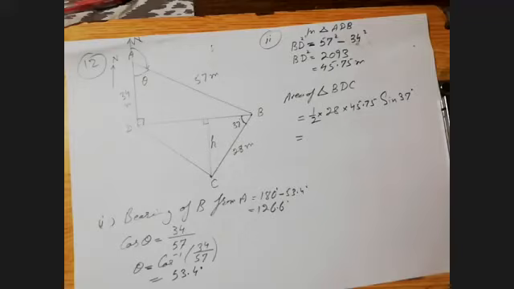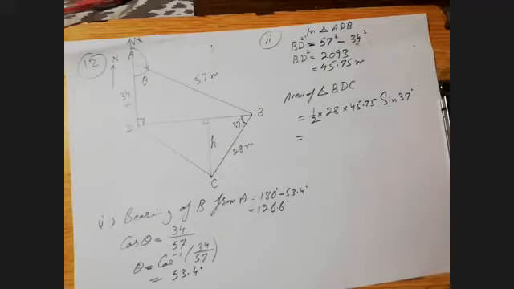Now, as you know, I applied this formula for the area of the triangle. There is another formula for the area of the triangle which you had been using in your earlier classes: half into base into height. Now again, area of triangle BDC is equal to half into base.